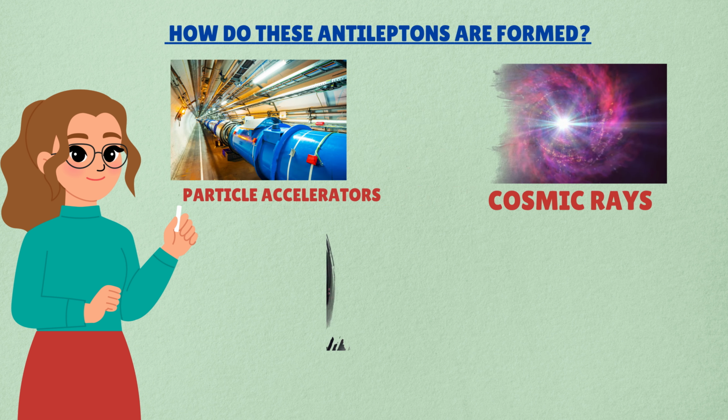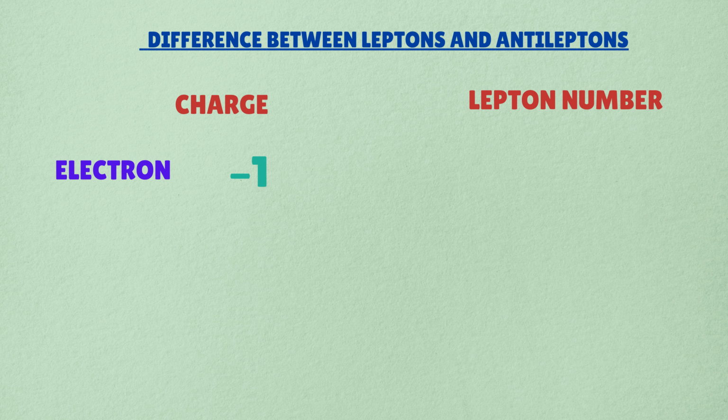Leptons, like electrons, have a negative charge, while antileptons, like positrons, have a positive charge. Leptons have a lepton number of +1, and antileptons have a lepton number of -1. This number is a quantum property that helps differentiate between leptons and antileptons.